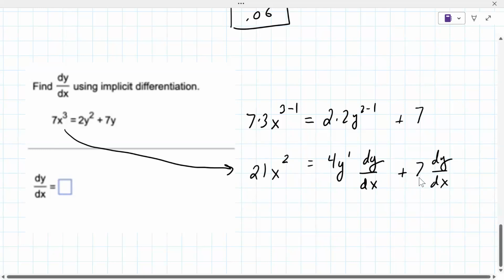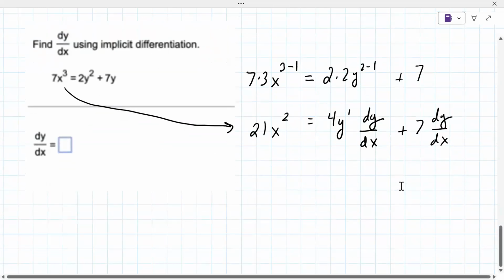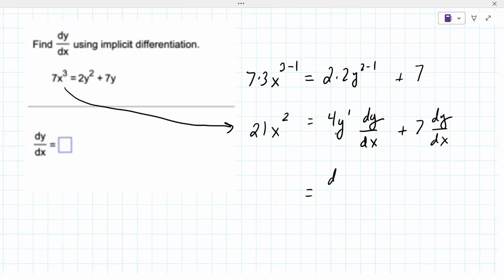So now that calculus is over, believe it or not, calculus is over. So it's just an algebra problem from here. You generally move the dy/dx's to one side. They're already on one side, so you don't have to do that. But then you have to factor it out. So you're going to factor out a dy/dx from both on the right side.